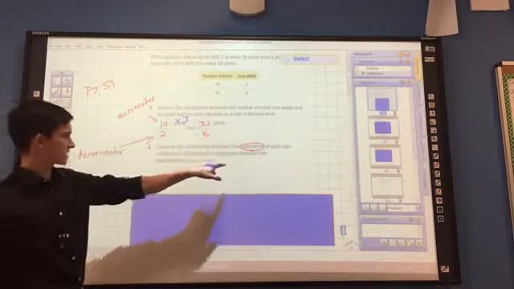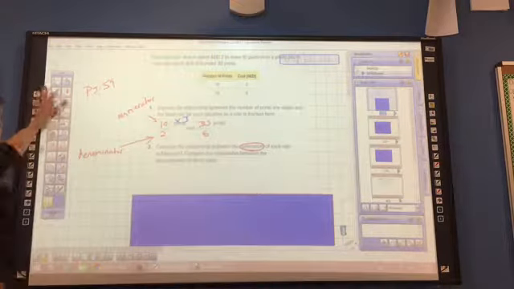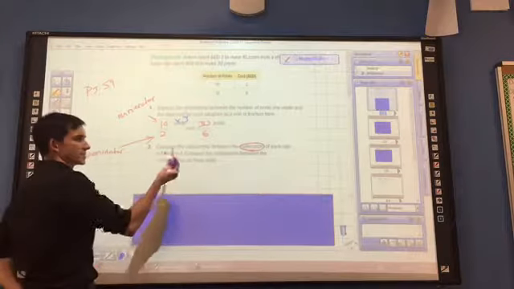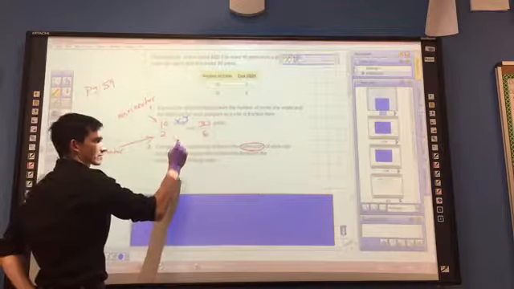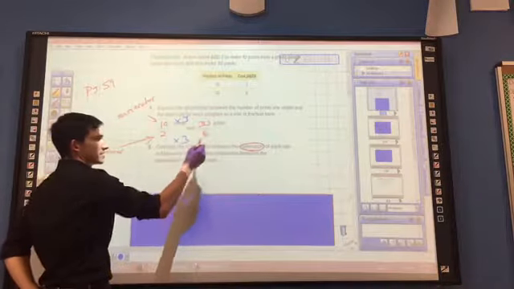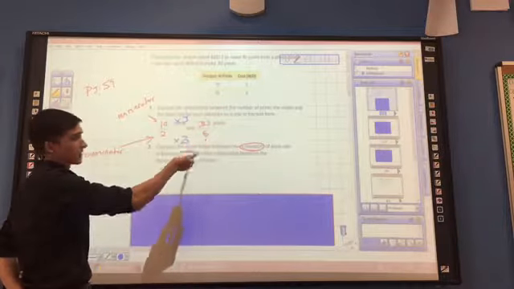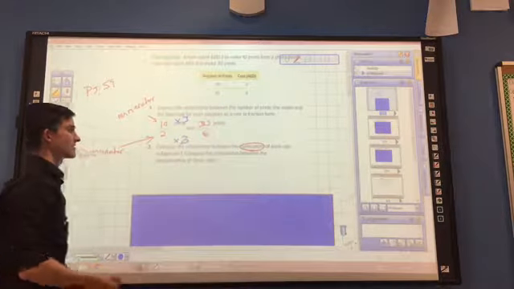And then it says compare the relationship between the denominators of these rates. Well, what's interesting is 6 is 3 times bigger than 2. So 2 times 3 is 6.